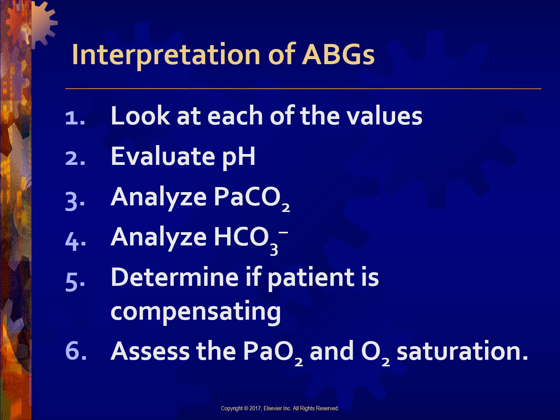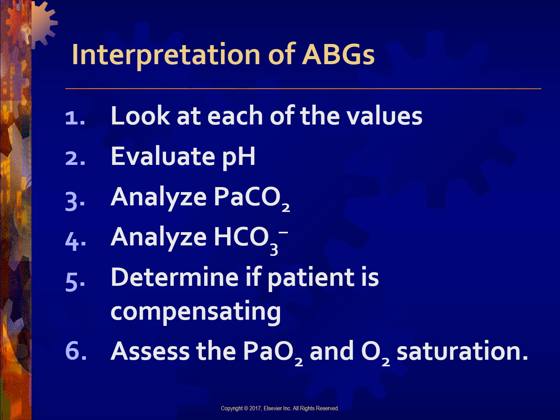Low CO2 values increase the pH, and that would indicate respiratory alkalosis. If the pH moves in the appropriate direction for this PaCO2 change, such as a pH lowered with an increase in the CO2, or the pH higher with a decrease in CO2, then it is a respiratory problem. That would be the primary disturbance.